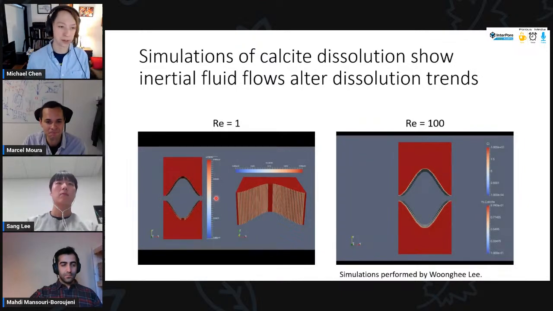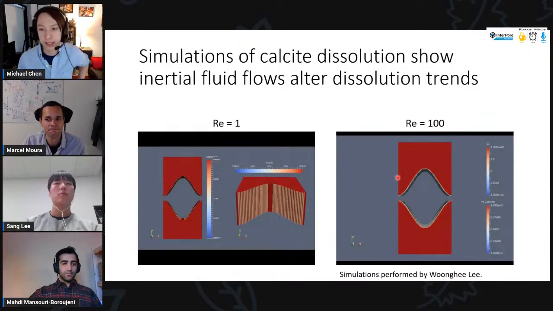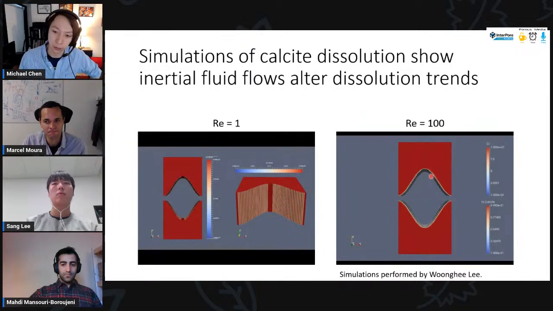And that is essentially because our reactive fluid first contacts this inlet area and becomes less reactive as a result of consuming some of that solid material. If we look instead at the Reynolds 100 case, what you would see are complicated recirculating flows that form in these gaps here as our mineral is dissolving away. And we would see a reversal of that trend.